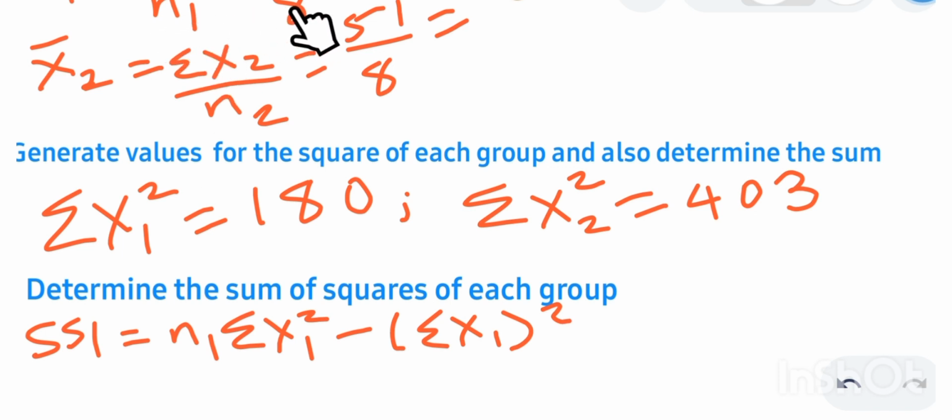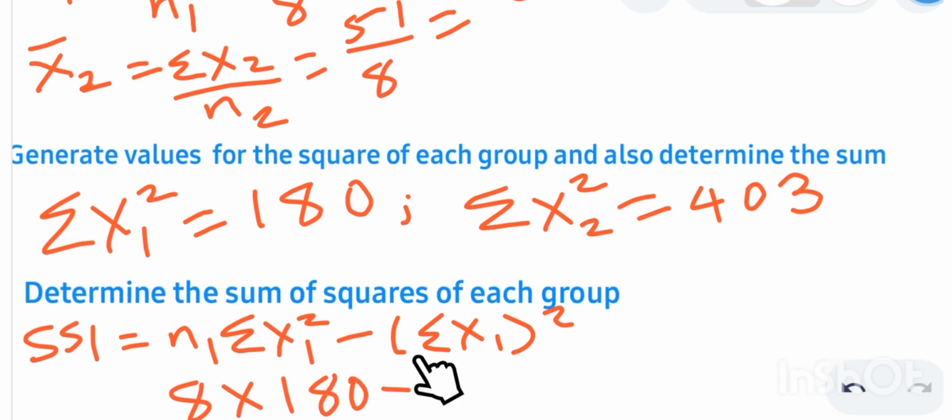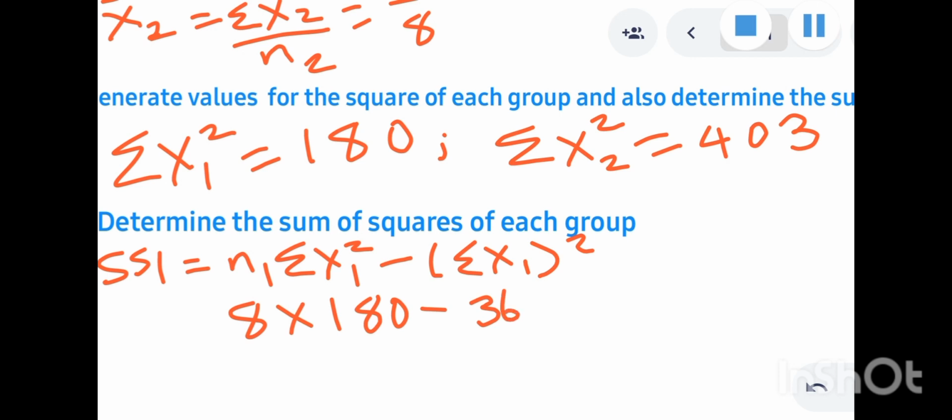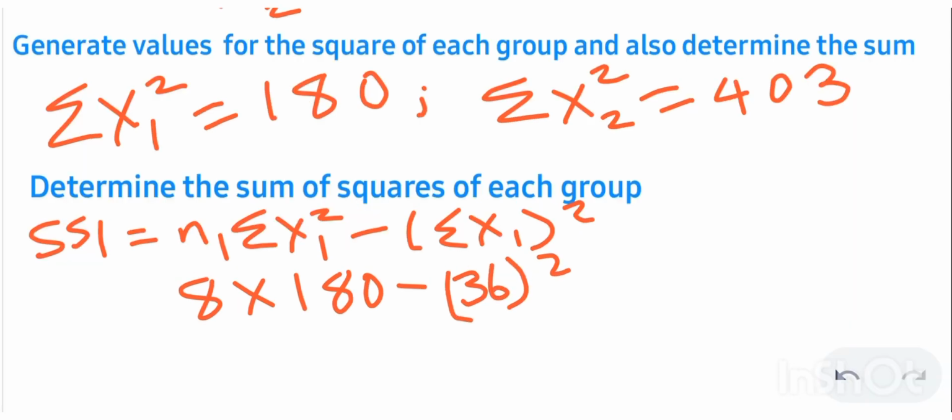So we have 8 times summation X1 square, 180, minus summation X1, of course we have 36 here, 36 all square. 8 times 180 gives 1440, minus 36 square gives 1296.